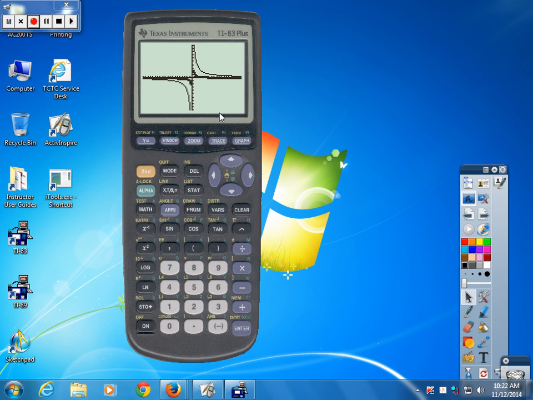Okay, wait a minute. I think I understand now. Here's your graph. Let's go with a parabola. Here's your regular parabola. What happens when you put a 2 in front of x squared? It gets narrower. So you pull it up this way, and it gets thinner.